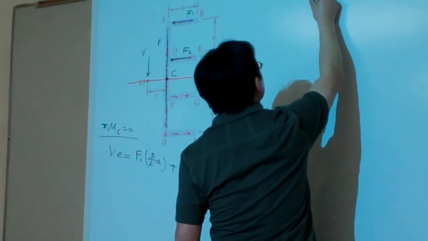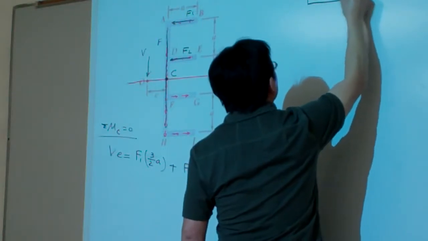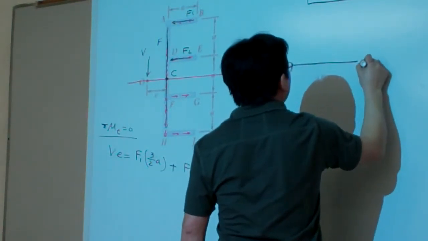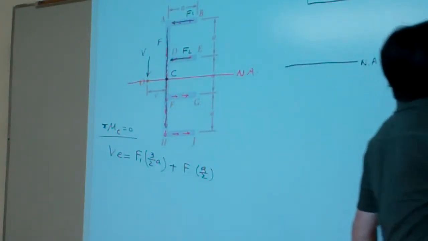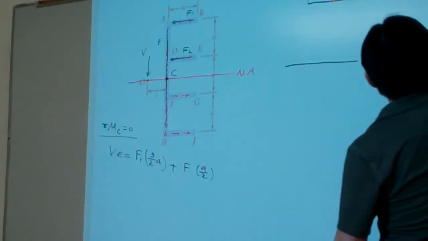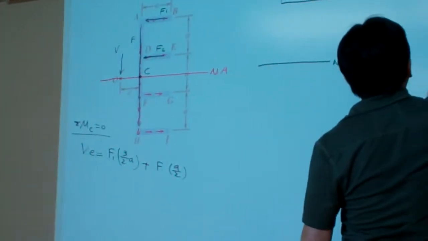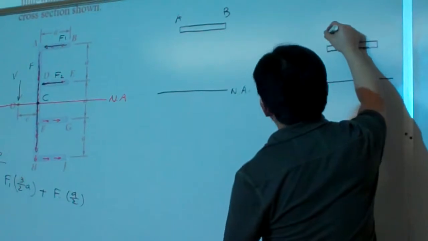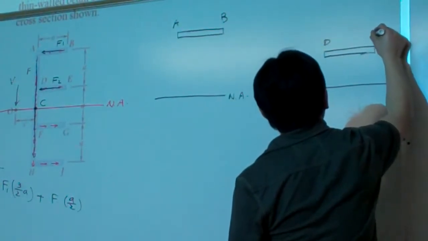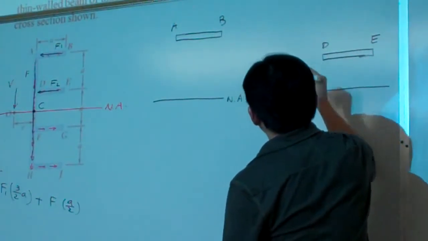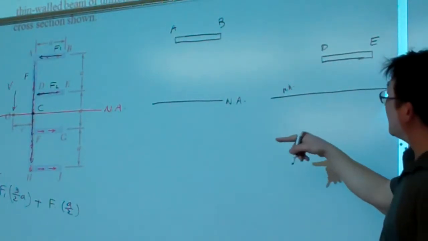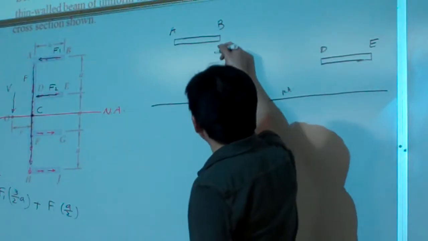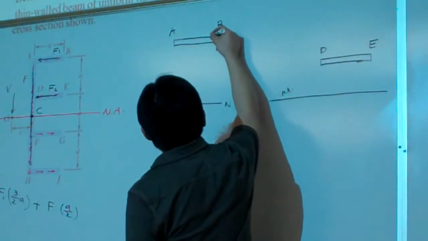For the AB piece, this is the neutral axis, and for the other one, DE, this is our neutral axis. We simply calculate the total F1 and F2 in each piece.